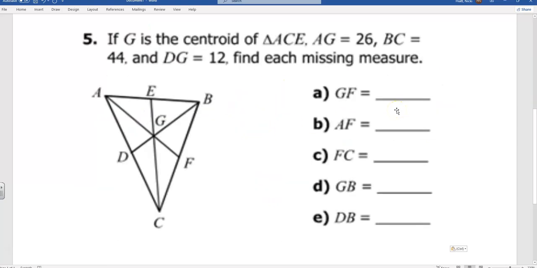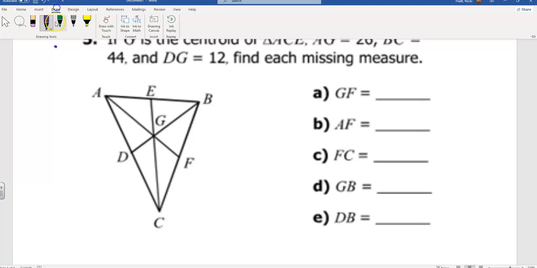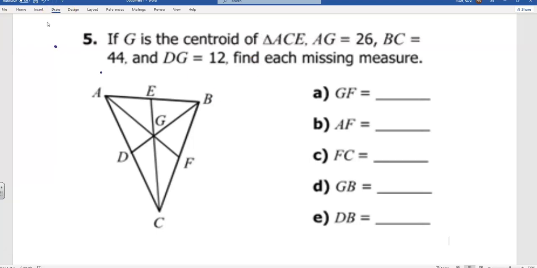Okay. So for number 5, we're given a centroid. A centroid, again, connects our midpoints to the opposite side. And they tell us that AG, so from A to G here, is 26.